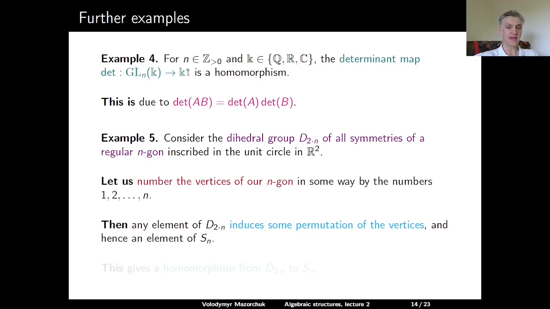Then any symmetry, so any element in D_2n, induces some permutation of the vertices. And the permutation of the vertices is, of course, then an element of S_n, because our vertices are numbered by the numbers from 1 to n. And this correspondence defines a homomorphism from the dihedral group D_2n to S_n.